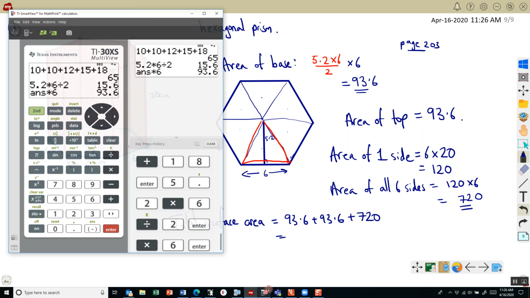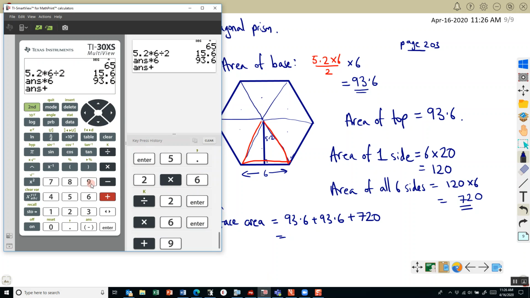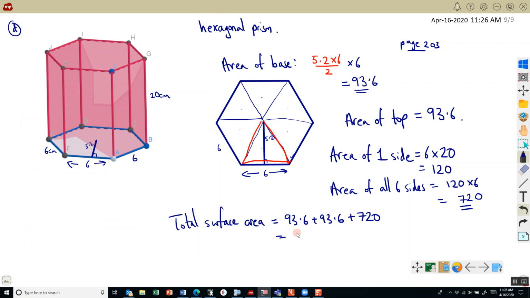I can put this into my calculator. So 93.6 plus 93.6 plus 720 gives me 907.2. And we're dealing in centimeters squared.